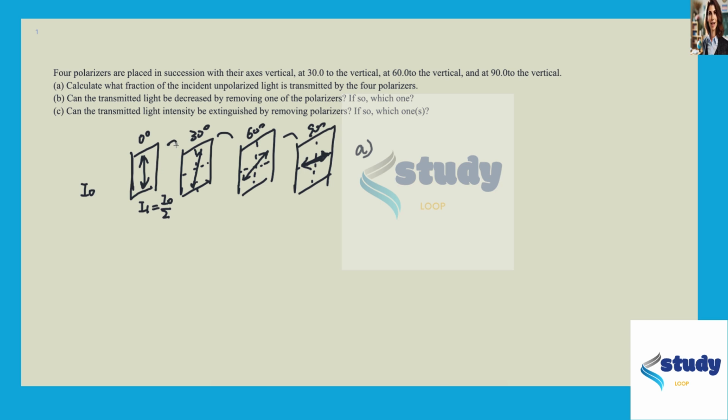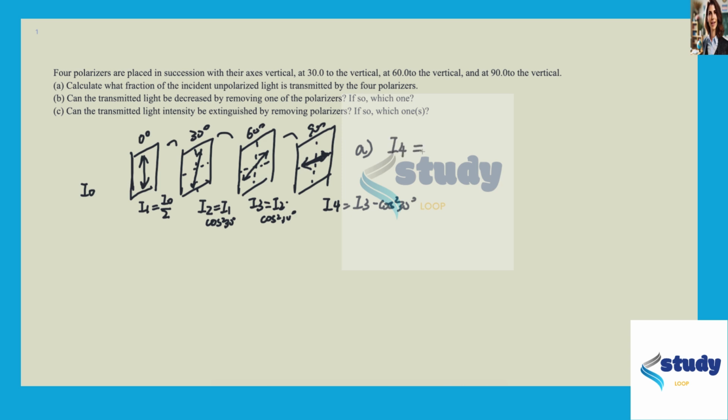So I2 will be equal to I1 times cosine squared 30 degrees. I3 is equal to I2 times cosine squared 30 degrees. I4 equals I3 times cosine squared 30 degrees, etc. And so what is I4 in terms of I1?